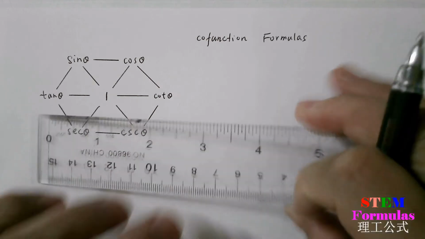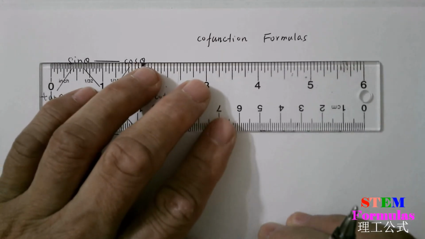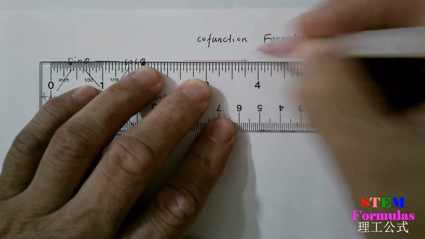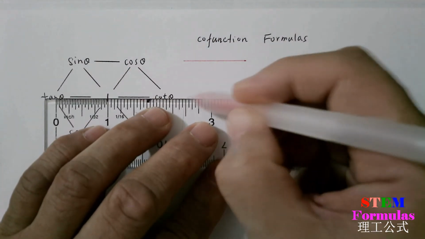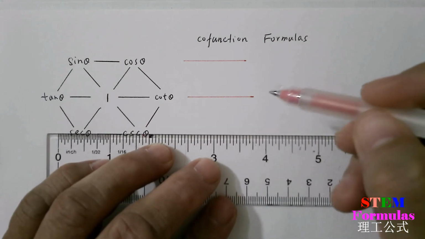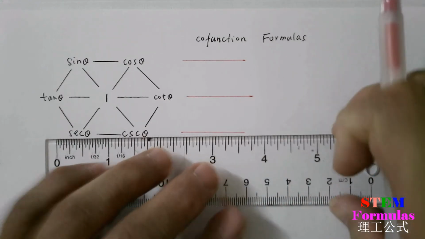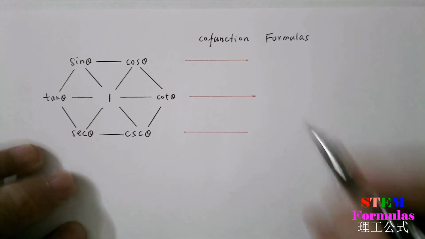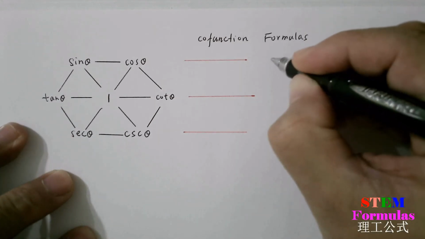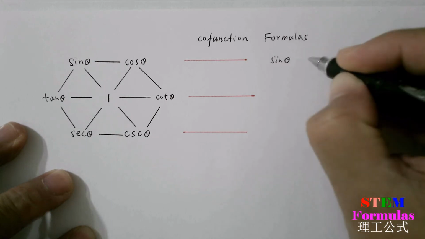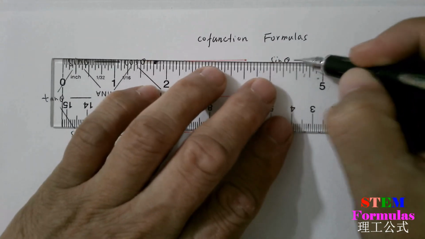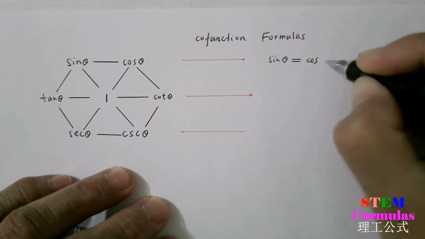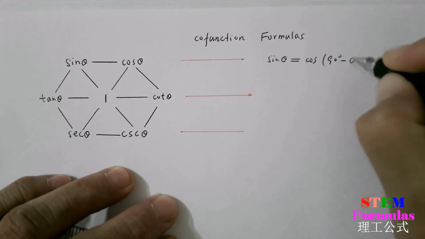Co-function formulas, the horizontal line, for the horizontal line, we have sine theta equal cosine 90 degrees minus theta.